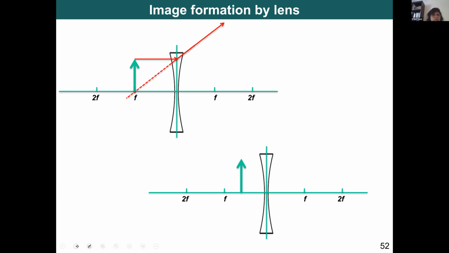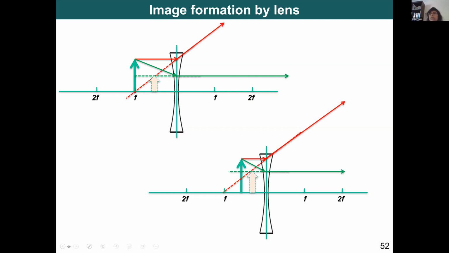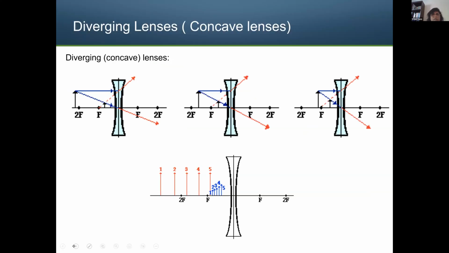And for the next one at F, even at F, you are going to see the image in the diverging lens, upright, virtual, and smaller in size. And then inside F also, you're going to see the image almost the same size, virtual, and upright. Okay, so what that means is that by using diverging lenses, you are going to observe the same kind of image.